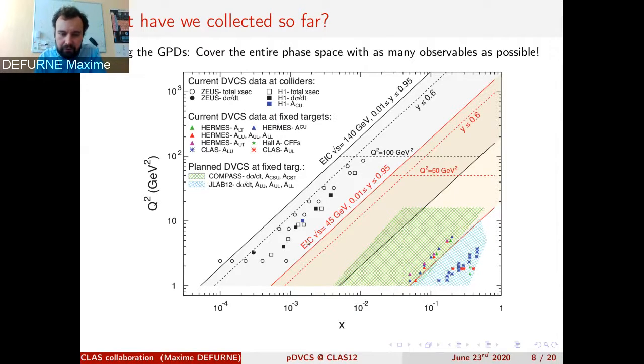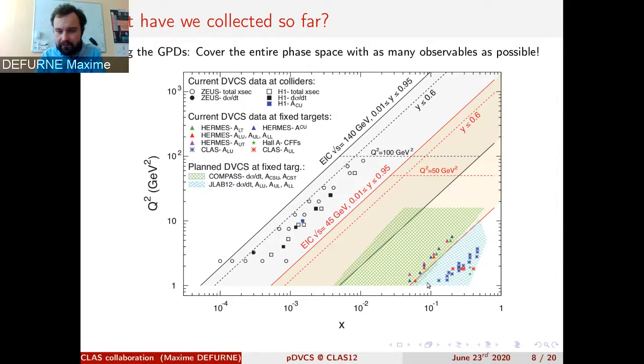Then we have a huge gap in Bjorken x between 10 to the minus 3 and 10 to the minus 2, until we reach the region that was covered by HERMES and will be covered by COMPASS. You see that HERMES did a pretty great job because at some point they played with almost all the combinations of polarization for the beam and target, and they measured asymmetries.